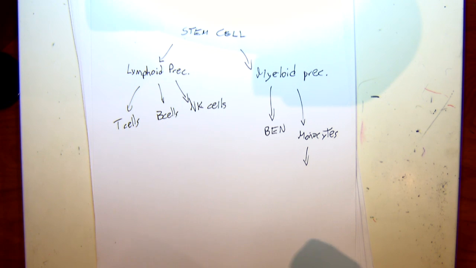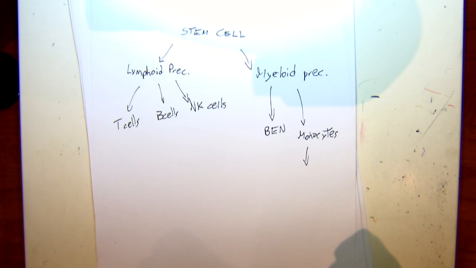So will you be able to see macrophages going back in circulation ever for the purposes of this test? No. Okay, no. Macrophages stay strictly in your tissues. One other cell that does go back to circulation are dendritic cells.